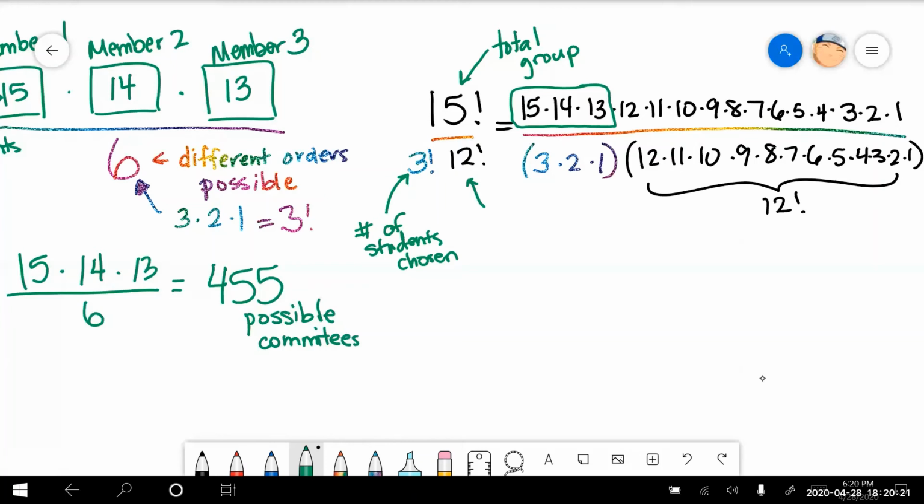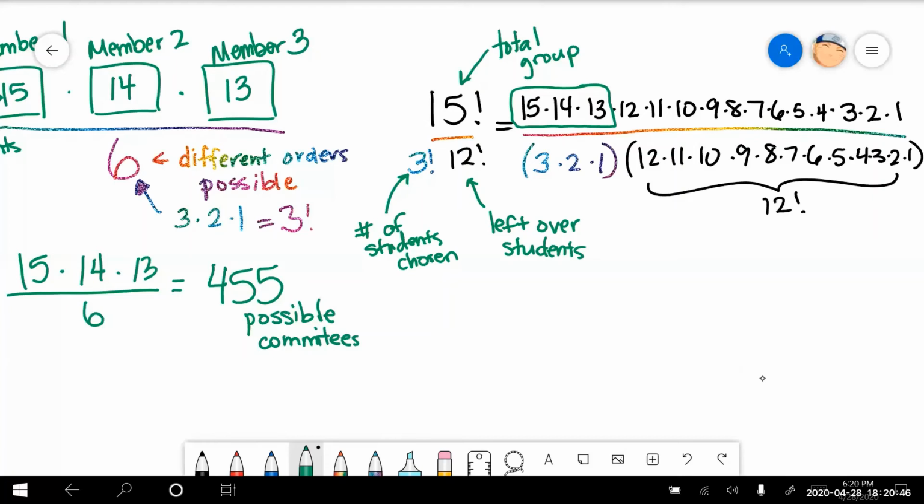Hopefully this is bringing back memories of the permutation material, which is all the kids not on the committee. We said last time, not meant to be in a mean way, these are our leftover students. No offense to those guys, but those are our leftovers.